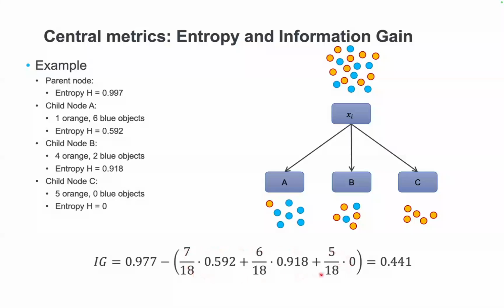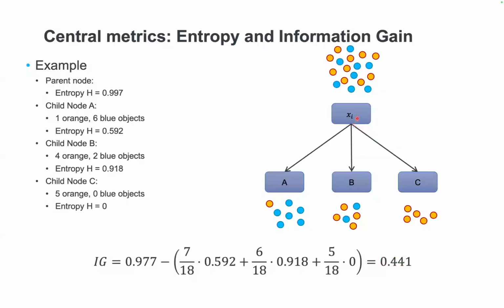So this weighted entropy at the children gives me a term of about 0.5 something, and the difference to the original entropy gives me an information gain of 0.441.